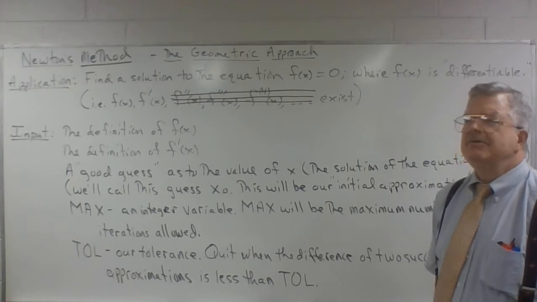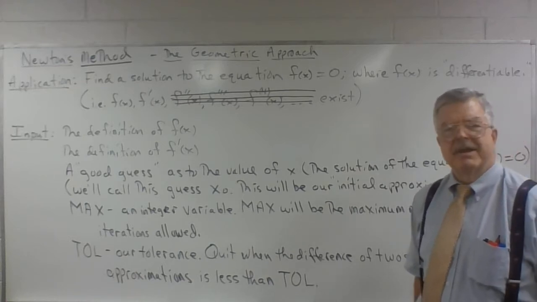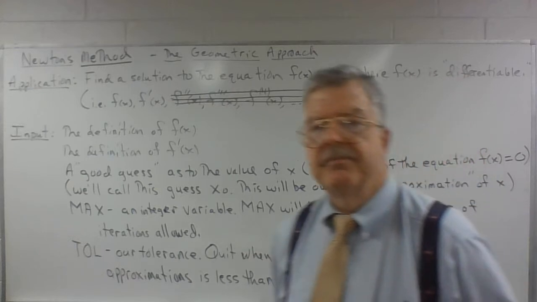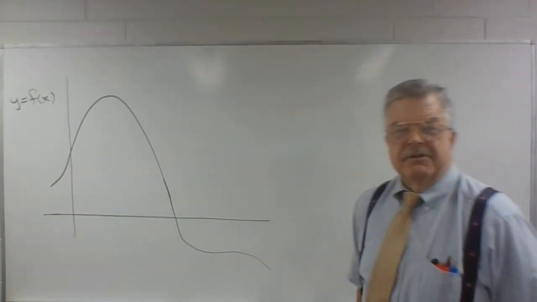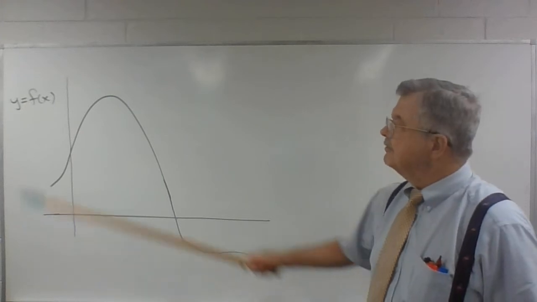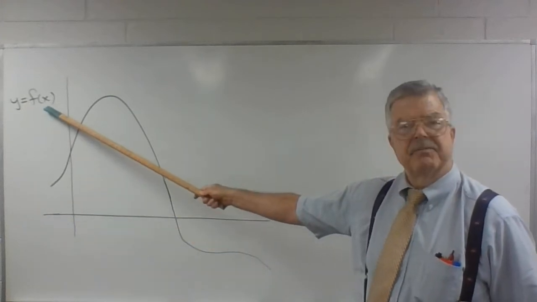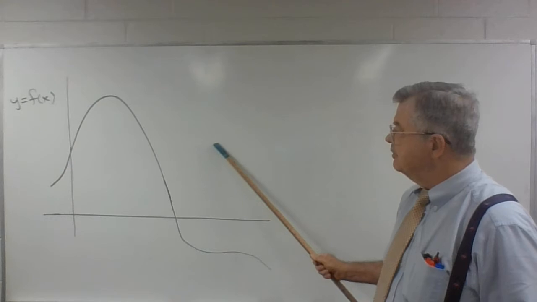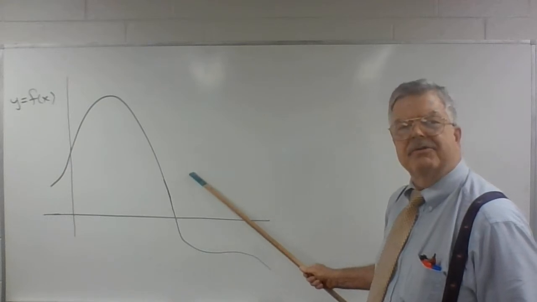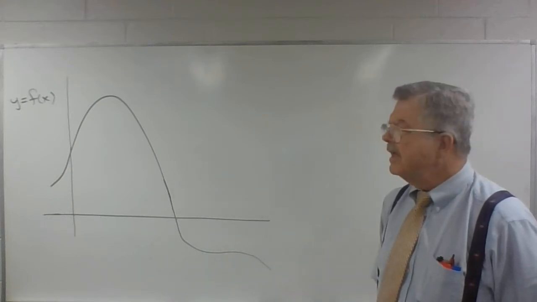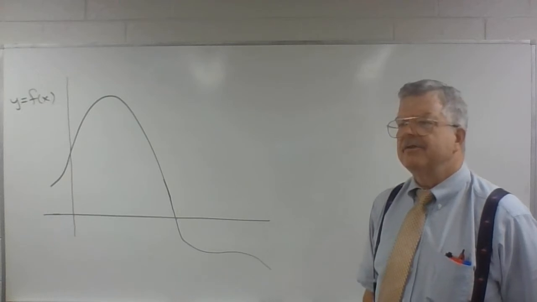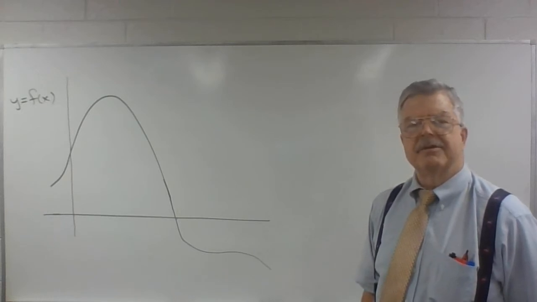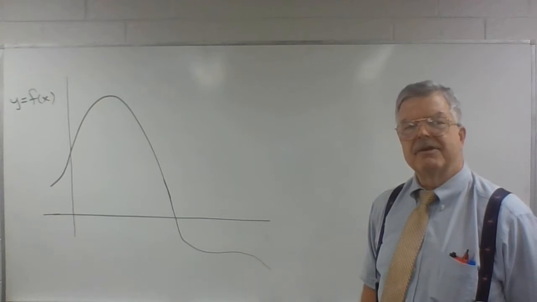Now let's take a look at how we get Newton's method from a geometric perspective. Let's look at a graph of the function f of x. Here's what the graph of y equals f of x might look like. And remember what it is that we're looking for. We're looking for the solution to the equation f of x equals 0.